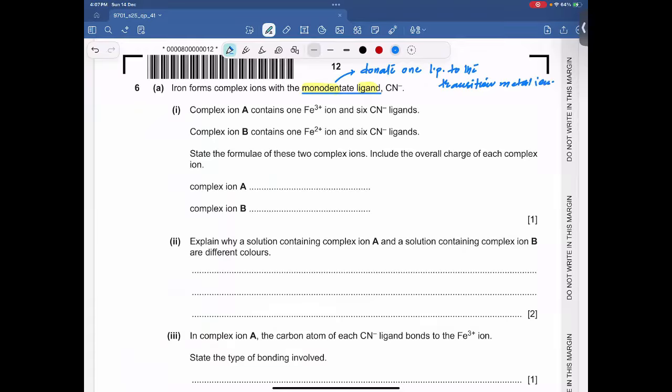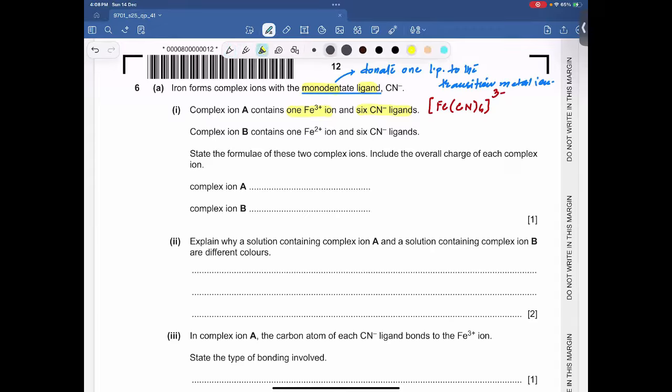Now the examiner is saying complex ion A contains 1 Fe3 plus and 6 cyanide ions. So the complex ion formula is going to be Fe(CN)6, and since the oxidation state of iron is 3 plus, we need to put a 3 negative sign here.